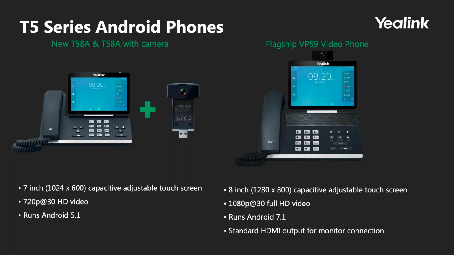There are select video conferencing SDKs that are out there that do work relatively well with the 58A. Be better to run on the 59 just to have more capability. But the new 58 phone series as well as the VP59 are certainly an enhanced and updated version of what we've seen in the past from Yealink with the previous versions of the 58 and 56A.